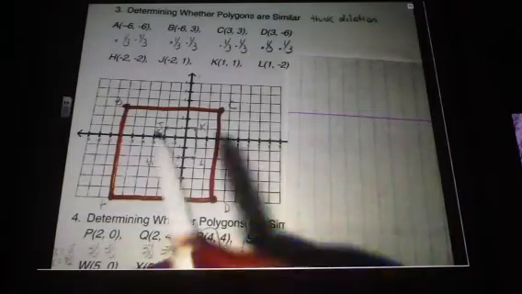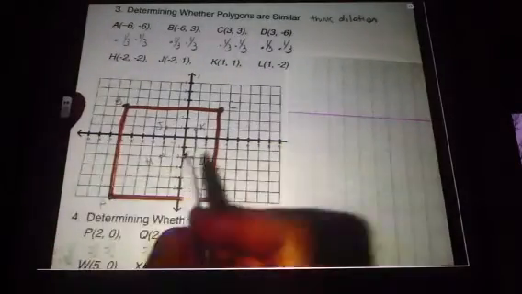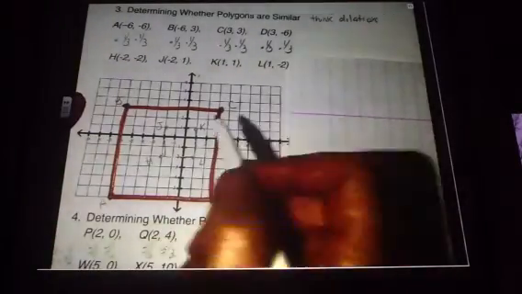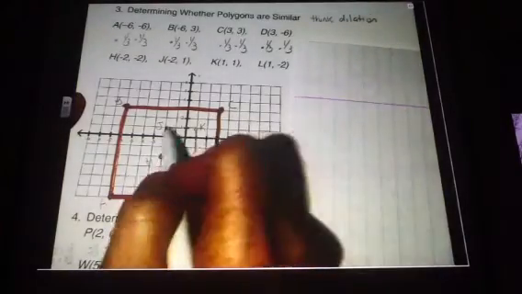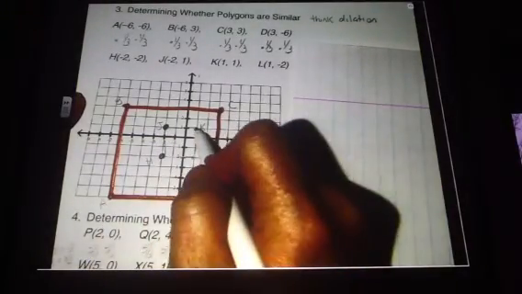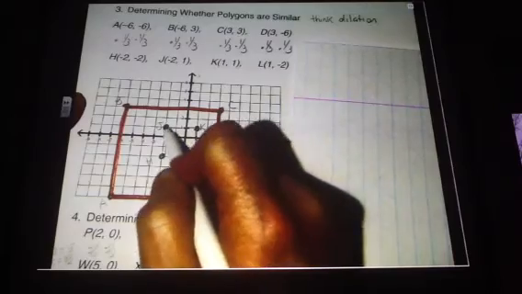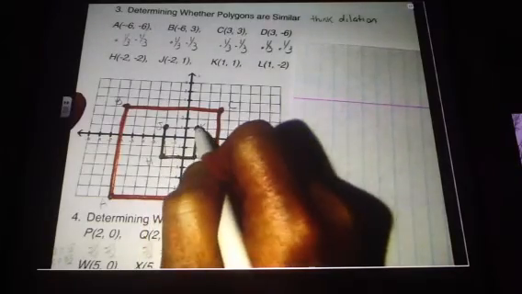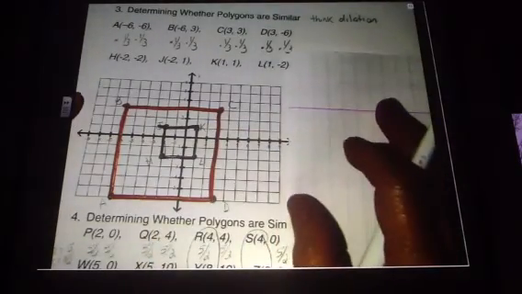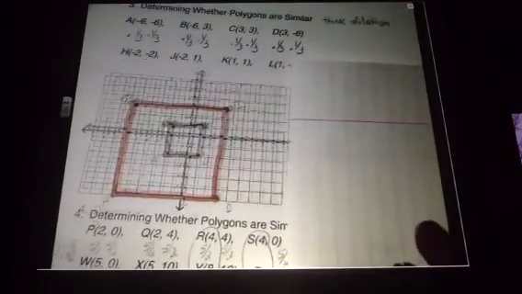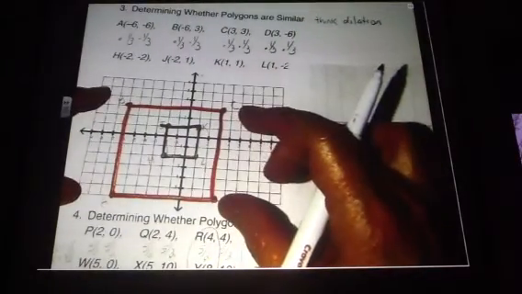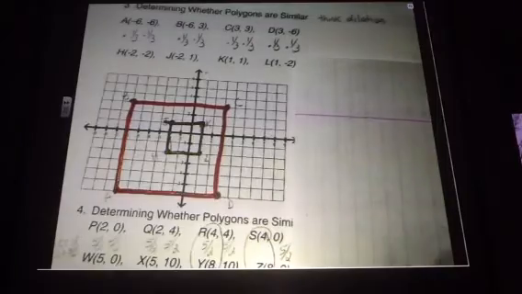Then we have our image, what we end up with. So H, J, K, L. So we need to start thinking dilation. Looks like we started with the large quadrilateral, ended up with the reduction here.